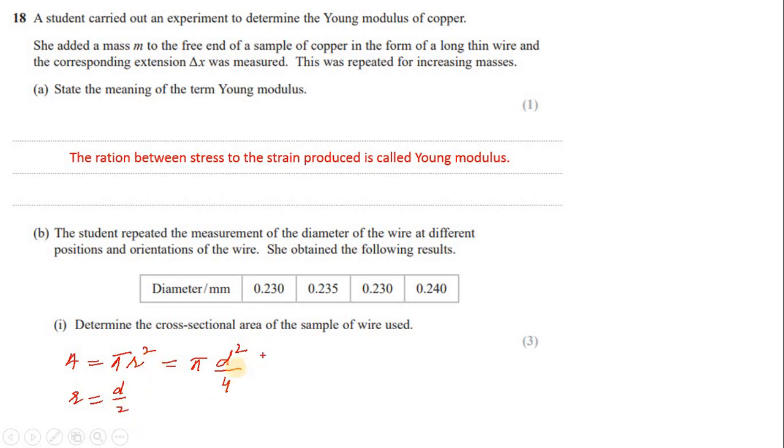And now we need to find the diameter. We have multiple readings of diameter, so first we need to find the average. You just add these numbers. We don't have any anomalous result, so you add and then divide by 4.